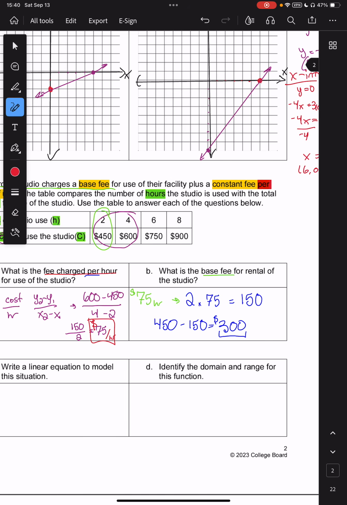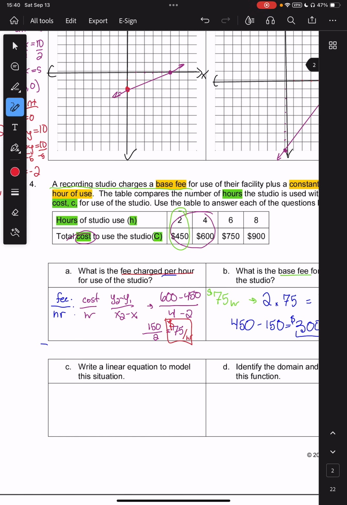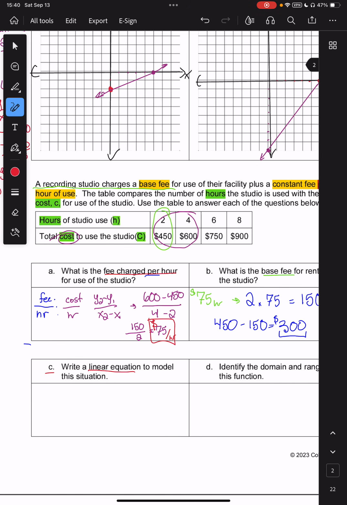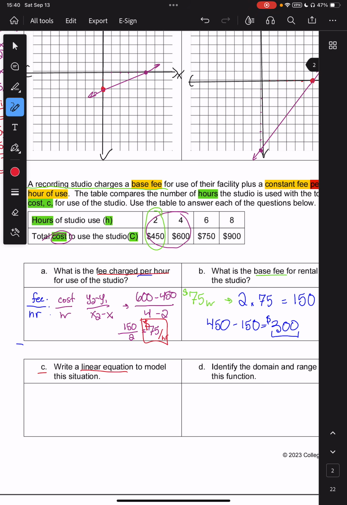And now I keep saying y-intercept, and it's going to be important right here in C, because it says write a linear equation. So I said that our y-intercept is $300. So in our format, y equals mx plus b, our b is going to be $300.